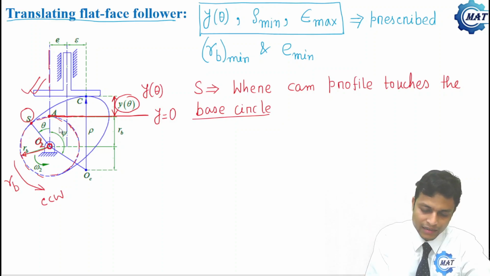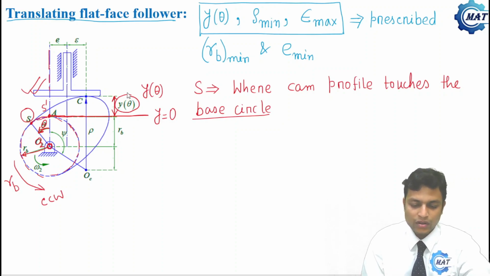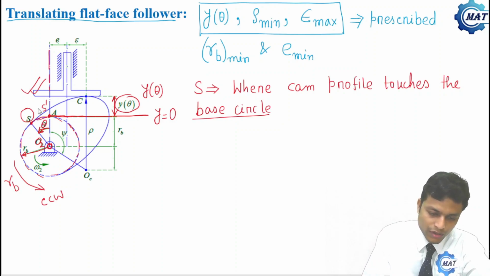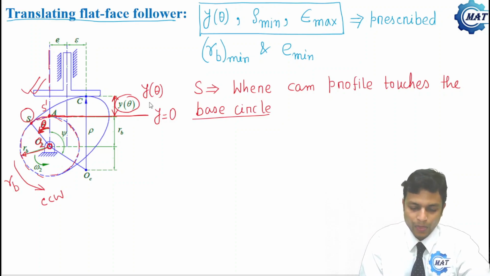So S was at S prime, and the cam rotates S prime to S by this rotation, theta. Due to this theta rotation in the counterclockwise direction, the corresponding displacement of the follower is y of theta.